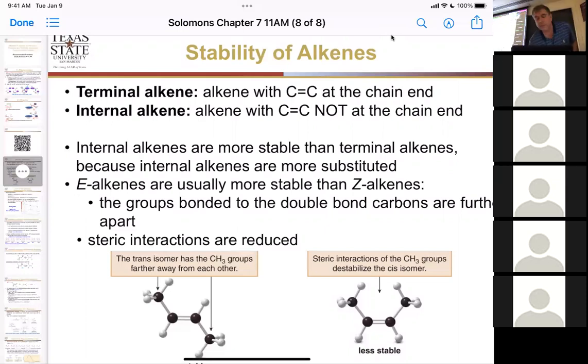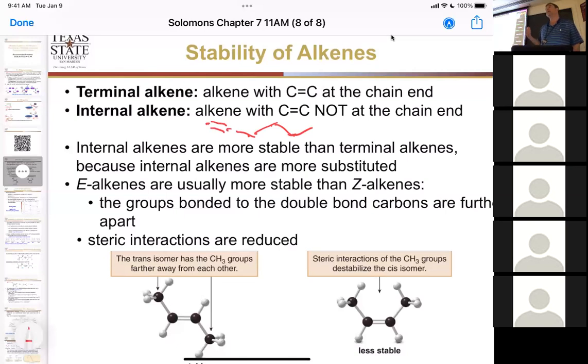So you can think of, if we just drew hexene right here, with the double bond at the end of the chain. Double bond right here. So we have 1, 2, 3, 4, 5, 6. So this is what we call a terminal alkene. So it's at the end of the chain, okay?